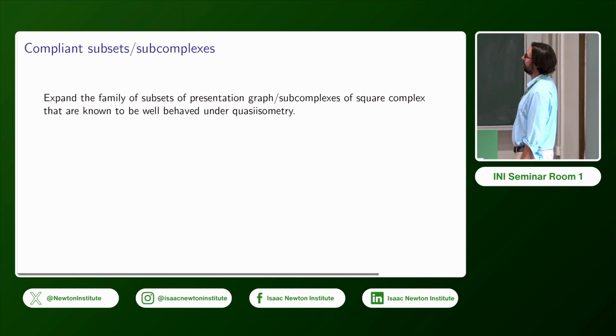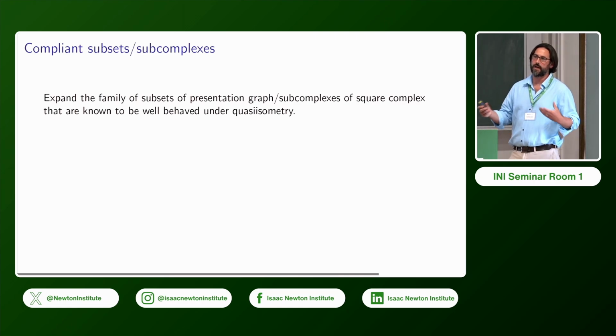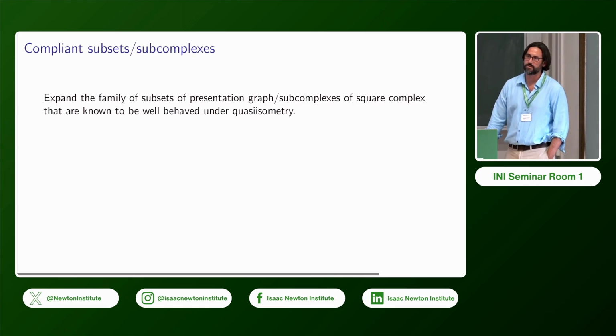So the compliant subsets and subcomplexes, the motivation here is we know from Sang-Rock's theorem that maximal standard product subcomplexes are well behaved under quasi-isometry, meaning they go uniformly Hausdorff close to other maximal standard product regions. And the compliant subcomplexes, we want to sort of extend the class of subcomplexes for which this is true. We want other subcomplexes that are well behaved under quasi-isometry.